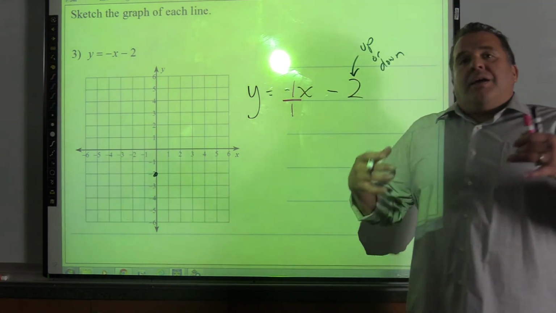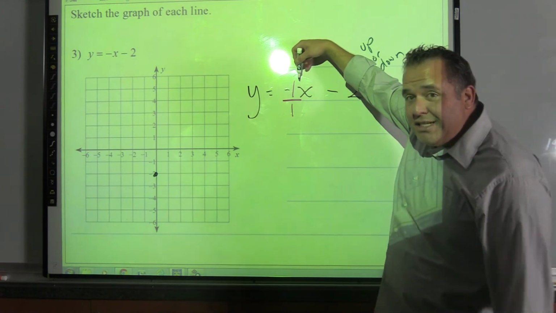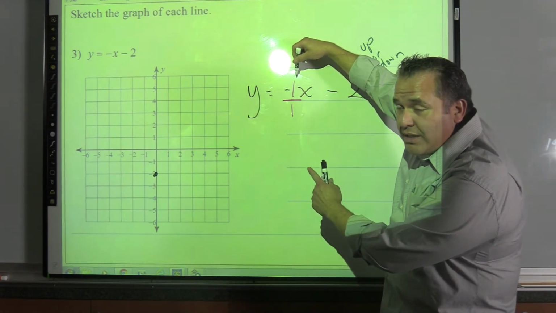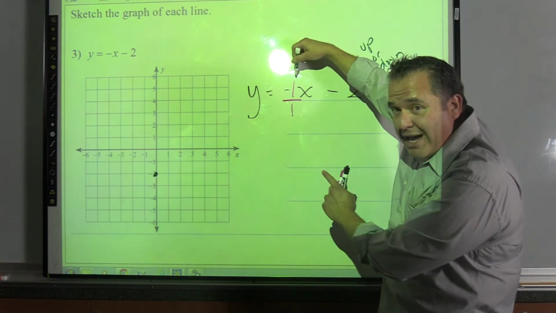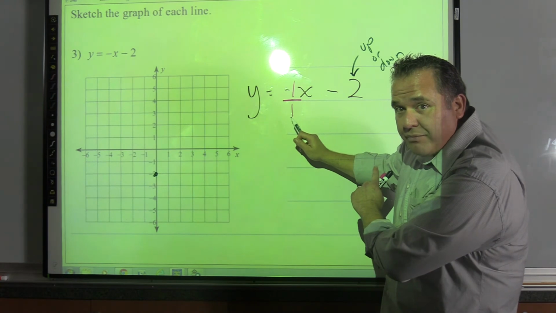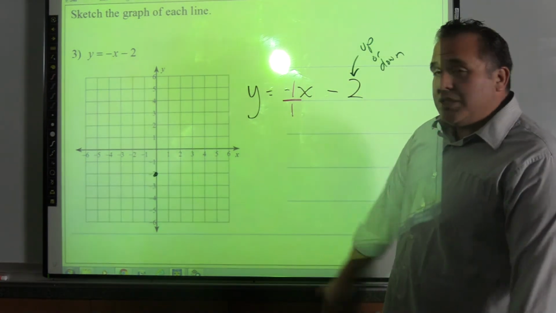Now I have to graph my slope. Well, my slope is negative 1 over 1. Remember, the number on top always tells us how many times we go up or down, and the number on bottom is going to tell us how many times we go to the right. Now, if we look, where do we start?